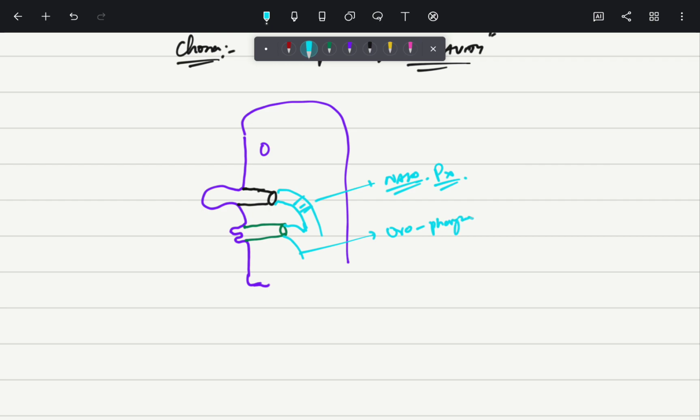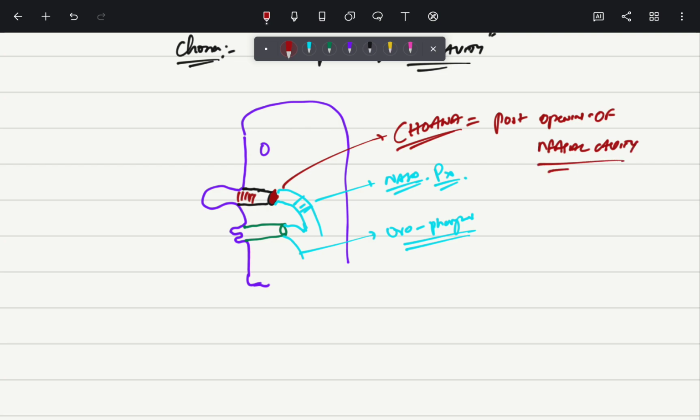As you can see here, this is the nasal cavity, and it opens into the nasopharynx. This posterior opening is called your choana. So what is meant by choana? Choana is your posterior opening of the nasal cavity.